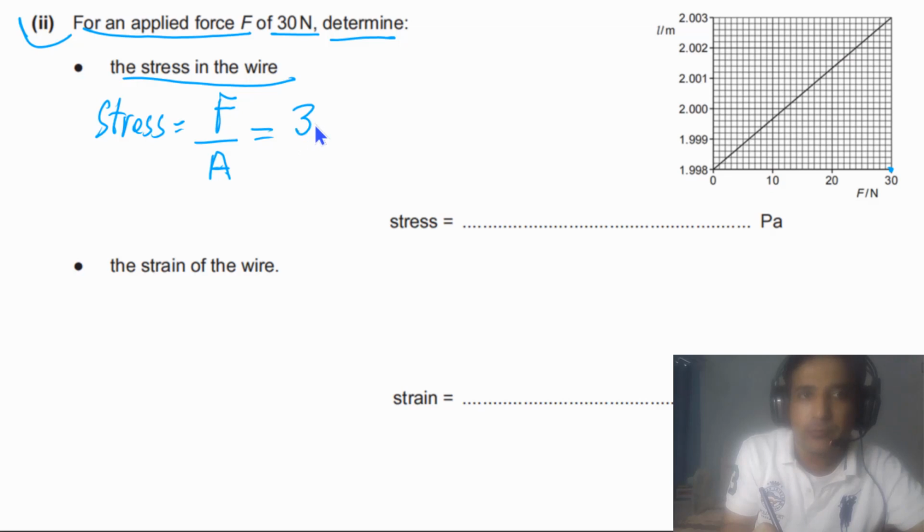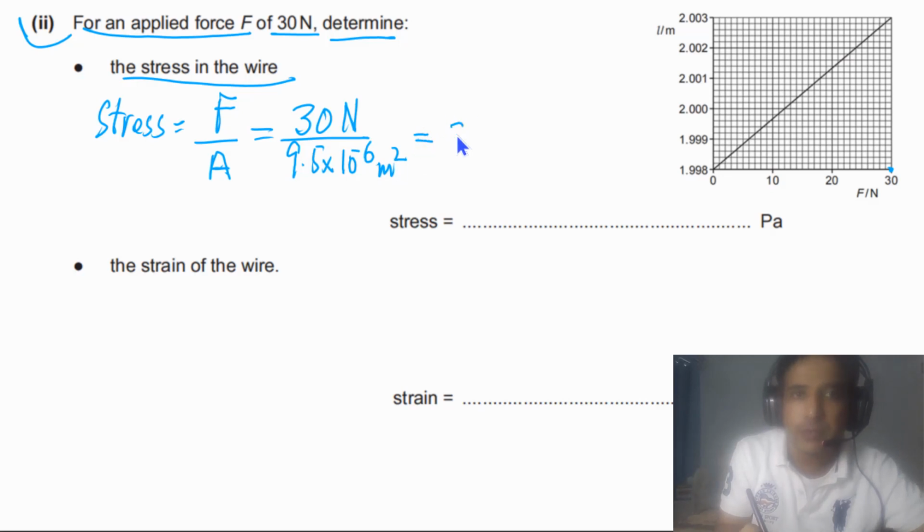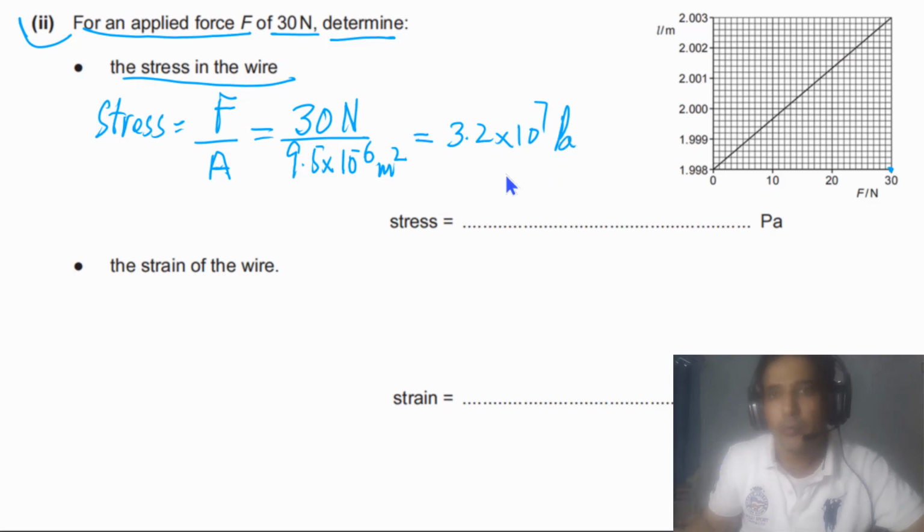We have the value of F equal to 30 newtons, and the cross-sectional area is equal to 9.5 millimeter square, so we can say 9.5 times 10 to minus 6 meters square. If we solve this, we will get 3.2 times 10 to 7 Pascal. So this is the value of stress.